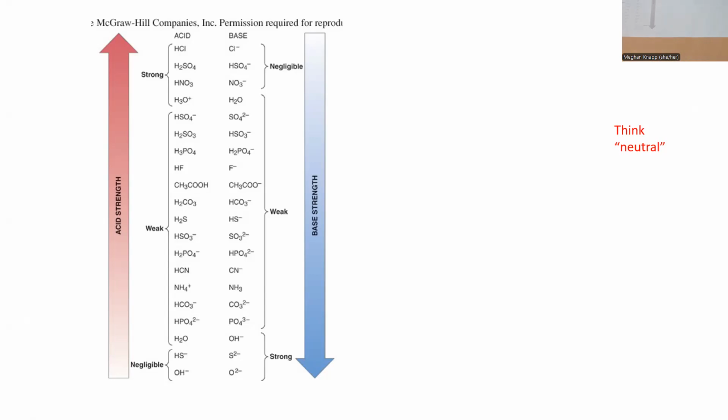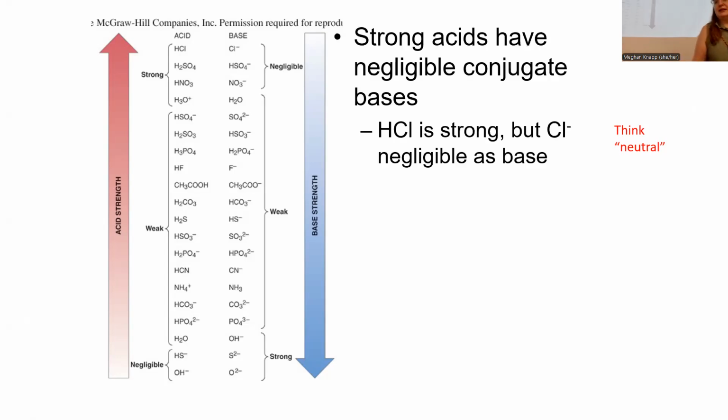So over here, think neutral. When you see negligible, that means that ion is neutral. It doesn't really impact pH at all. A strong acid has a negligible conjugate base, meaning a neutral conjugate base. So chloride ion, regardless of where it came from, doesn't really impact the pH. If it's from sodium chloride, hydrochloric acid, or iron chloride, the chloride isn't doing the pH.